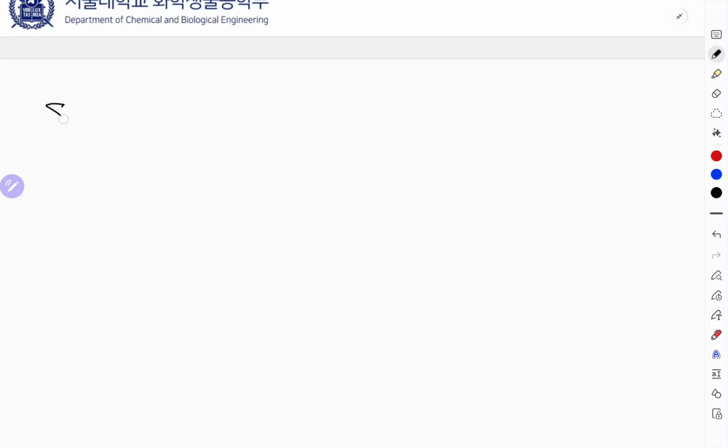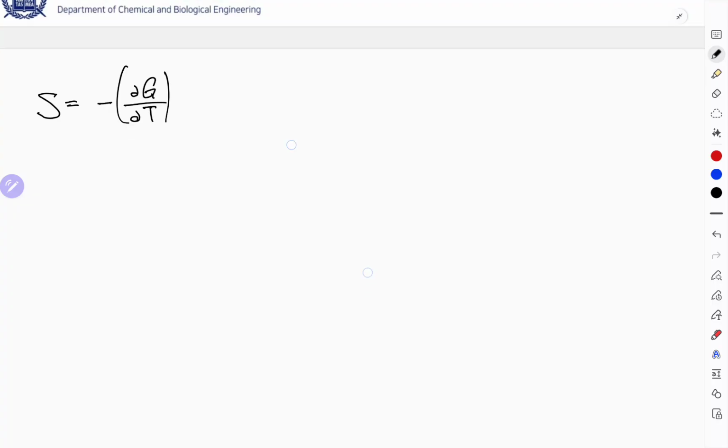So the entropy of mixing is equal to minus the derivative of the Gibbs energy of mixing with respect to T, and the Gibbs energy of mixing is a function of temperature, nRT multiplied by something like that.